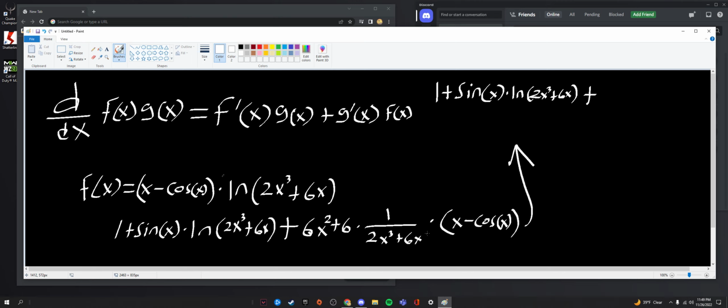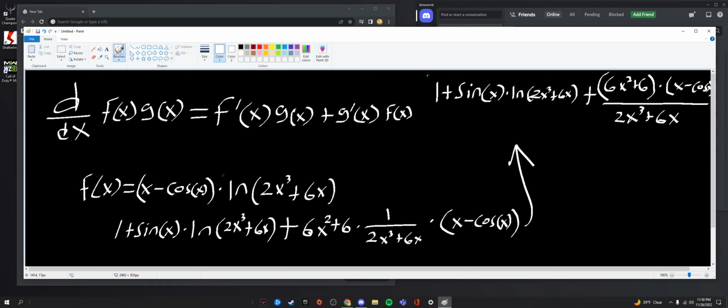We can put all of this into a fraction, so it would be 6x squared plus 6, multiplied by x minus cosine of x, all over 2x cubed plus 6x.